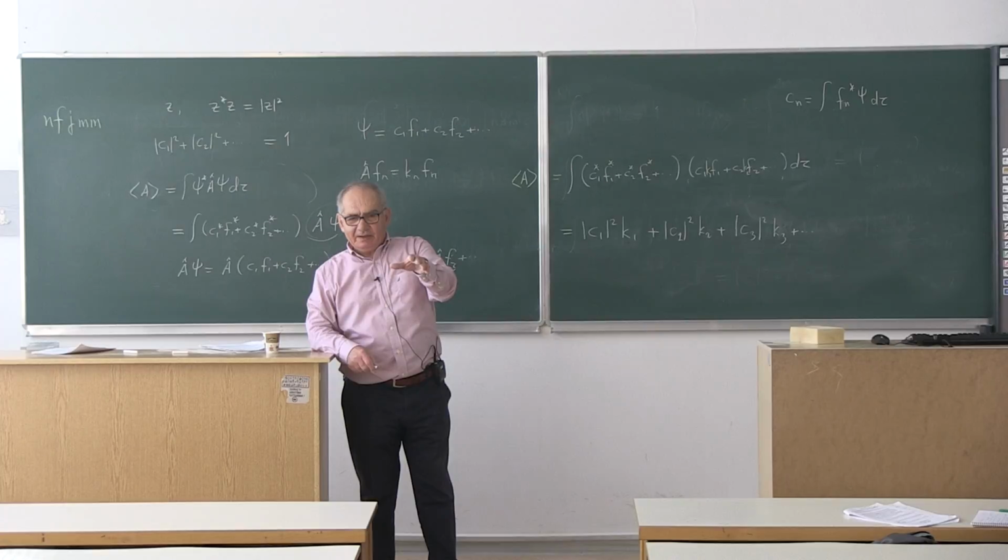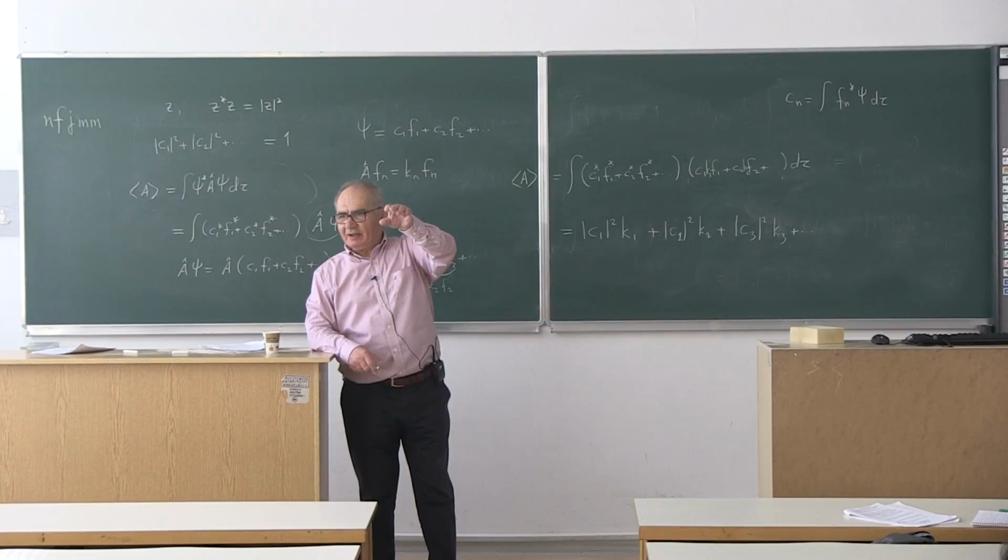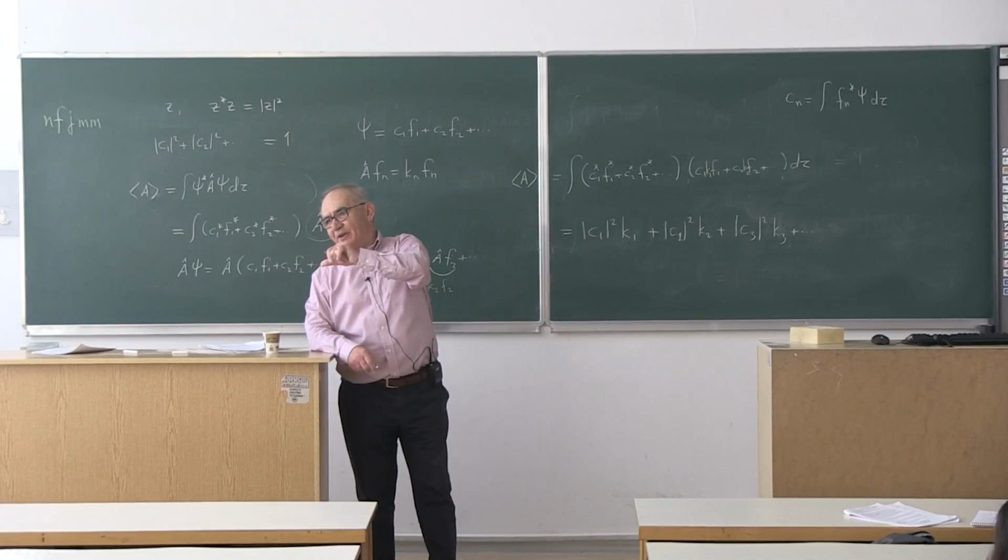Now remember, what was the quantum mechanical postulate? When you make an experiment to measure a value of the observable A, the only possibilities are eigenvalues of the corresponding operator.